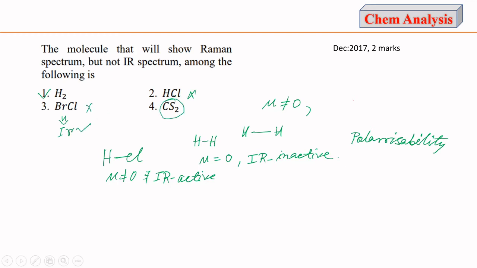And for the CO2 case, it is quite similar to carbon dioxide, and in carbon dioxide the symmetrical stretching will be IR inactive but Raman active, but the asymmetrical stretching or bending vibration will be IR active and Raman inactive. So it is also not correct, since some vibration of this molecule is IR active, but we have to identify the IR inactive and Raman active molecule. So it is also not correct, and the first option is the correct answer.